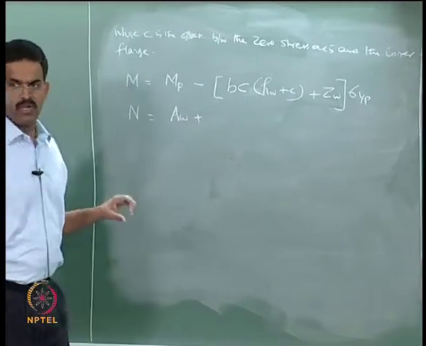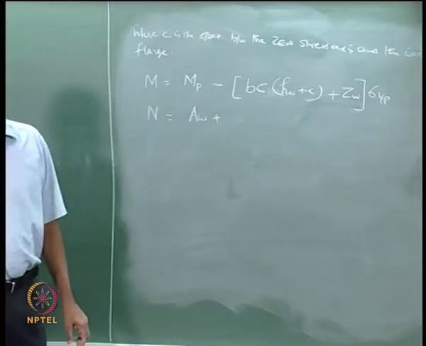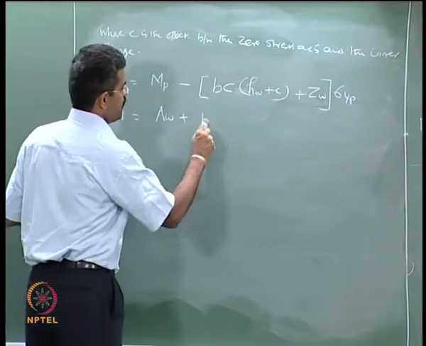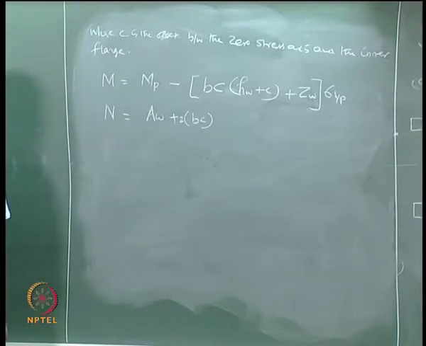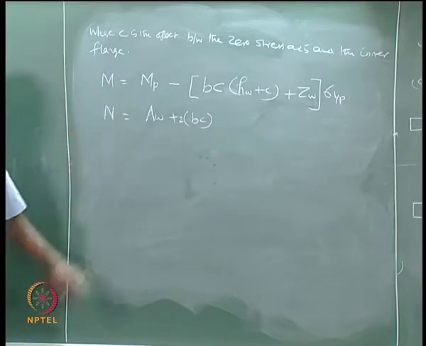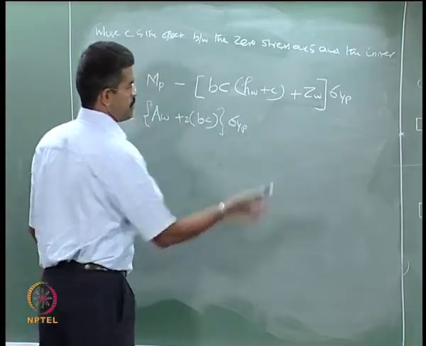Now web alone is not there, you got some part of the flange also. So that is going to be B into C twice, is it not? There are upper and lower both, right, of sigma.